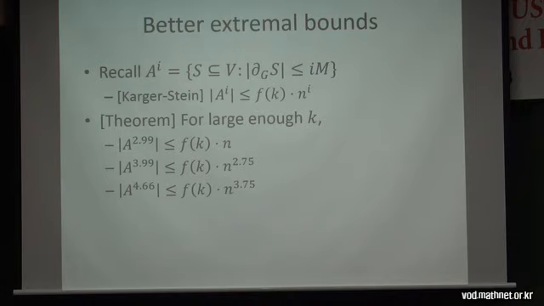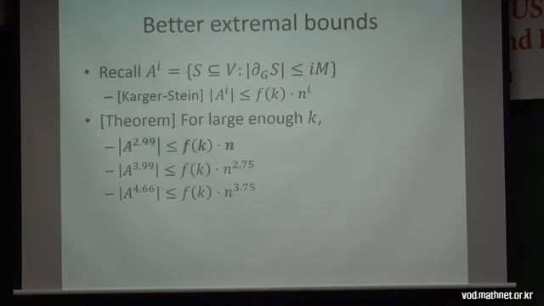But the new theorem says that for large enough constant k, the size of A3 is at most n to the 2.99, where I use 2.99 instead of 3 because of some technicality. The size of A4 is at most n to the 2.75, and so on. One important fact is that the size of Ai, at least for these 3 sets, is significantly less than n to the i. So this is something that buys us.